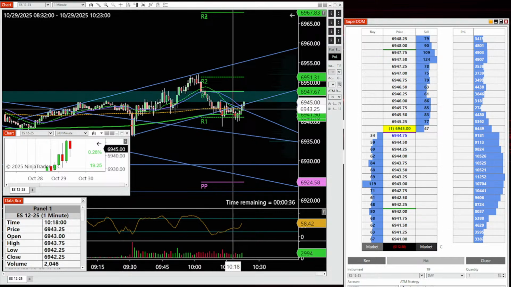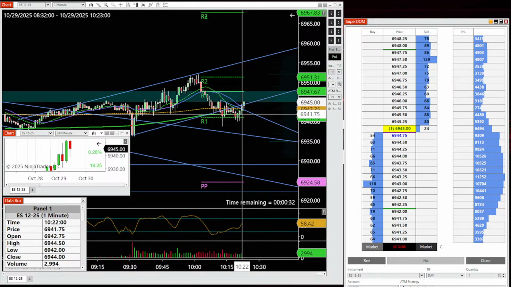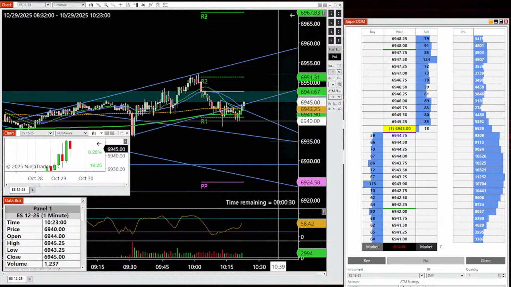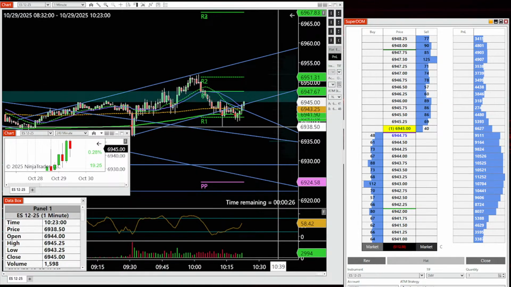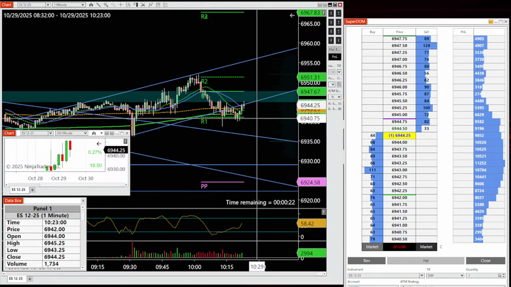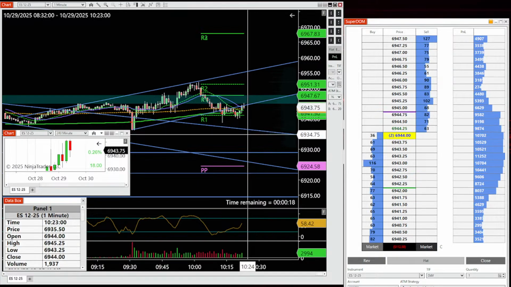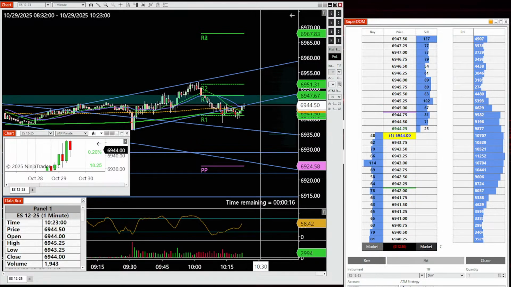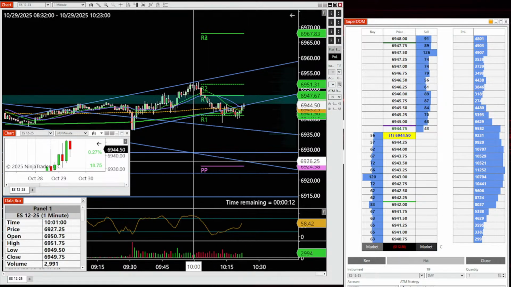W pattern. Not a nice looking one, but W pattern. Came out of there. What time is it? You want to get in between this, back up into this channel.